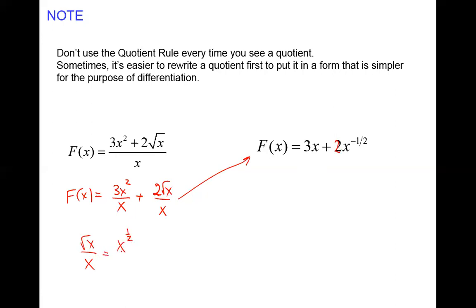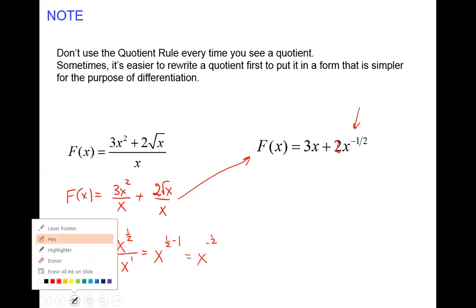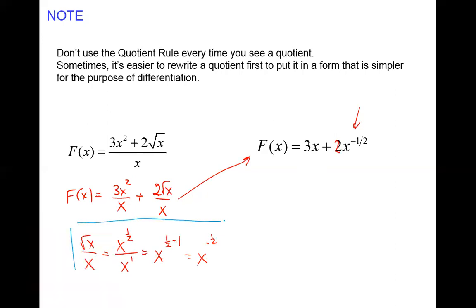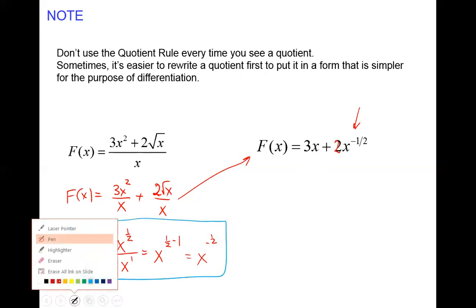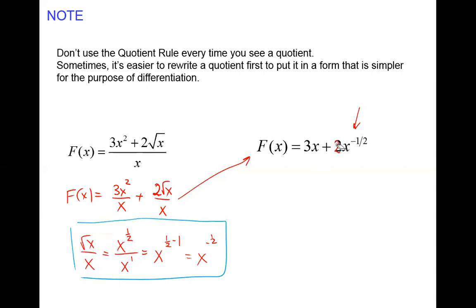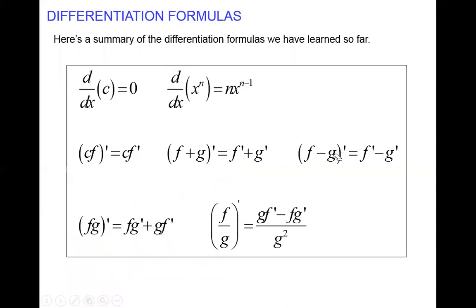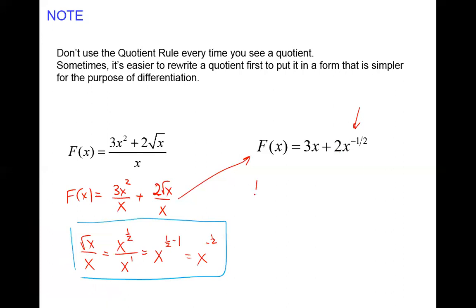Root x is x to the power of half, over x to the power of 1. If we divide the same base with different exponents, we subtract the exponents. That means this is x to the power of negative half. Okay, and now, no problem. I can write down for you.